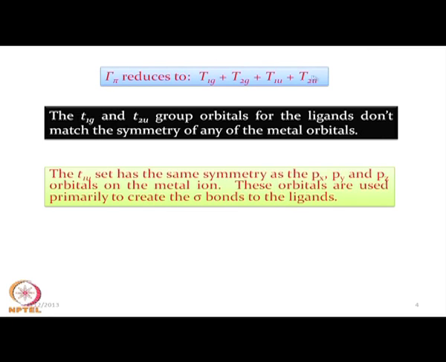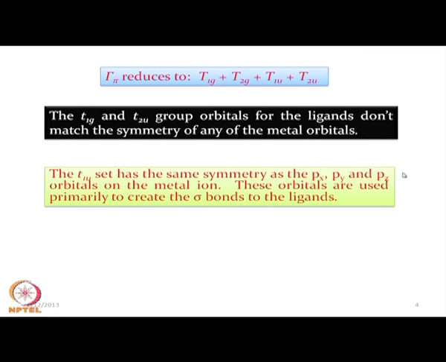So, out of these 4, the T2g is what we are taking for the 3 d orbitals, and the T1u set is what we have seen for the sigma interactions also. That means, in the reducible representation for sigma interactions, we have seen that there also T1u symmetry was there, and that T1u symmetry is utilizing the corresponding Px, Py and Pz orbitals from the metal ion.